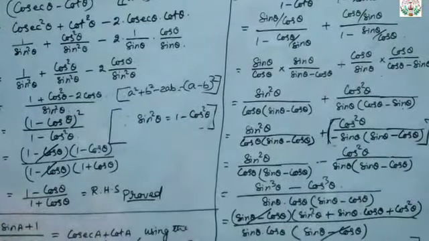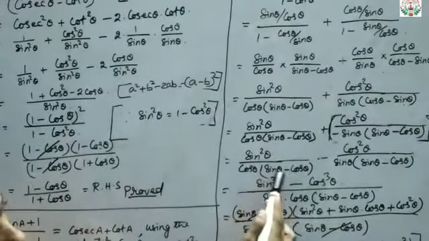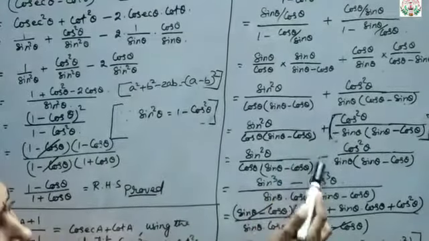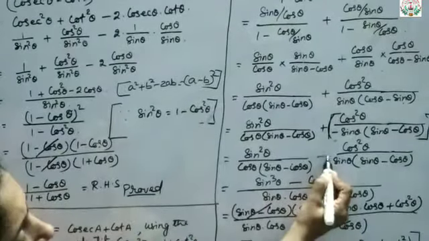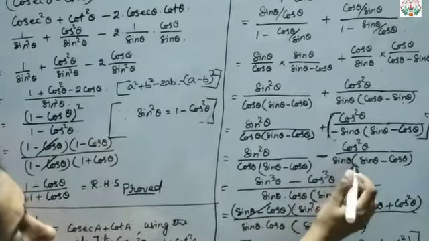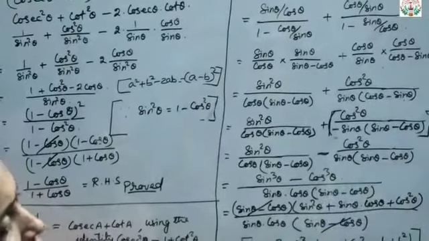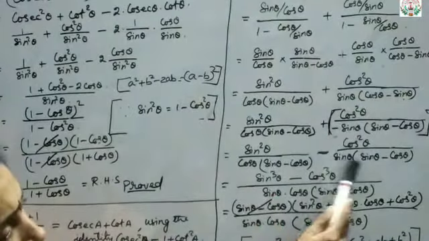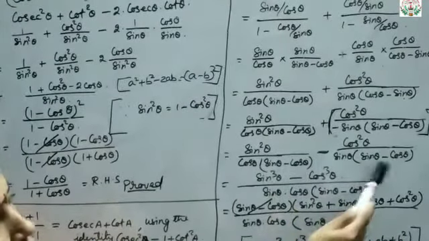So the next line will be sin square theta upon cos theta into (sin theta minus cos theta). So here plus into minus will be what? Minus. So the minus sign will come, and then cos square theta upon sin theta into (sin theta minus cos theta). So now we will take what? The LCM of these two. Here you can see cos theta is there, here sin theta. The rest of the two terms are the same.